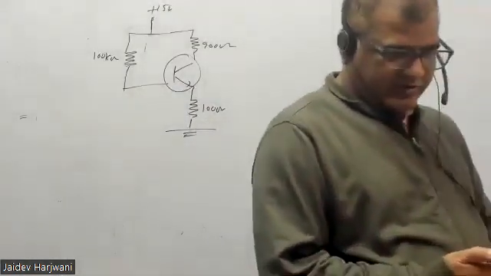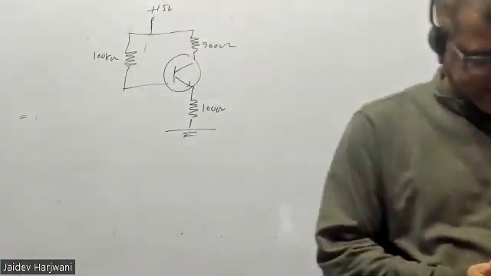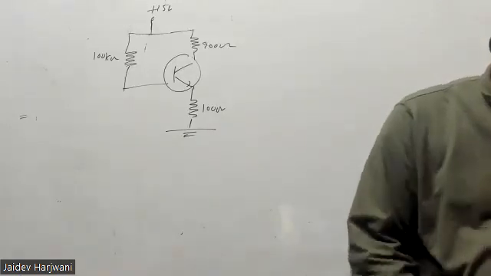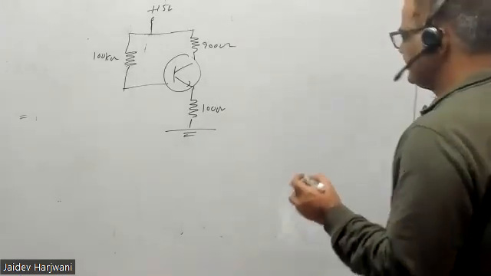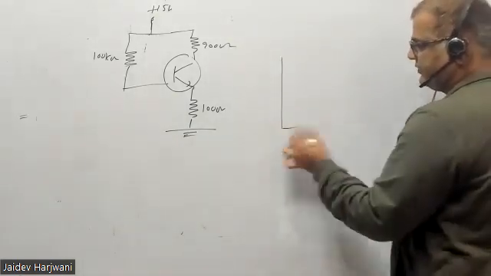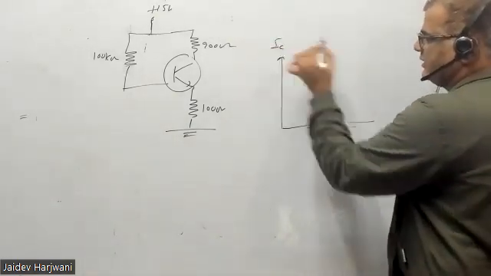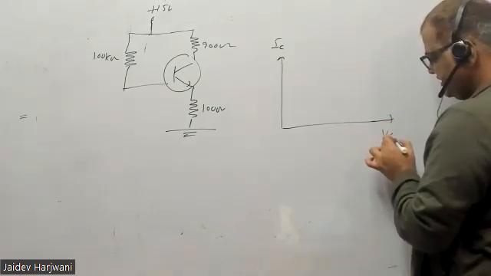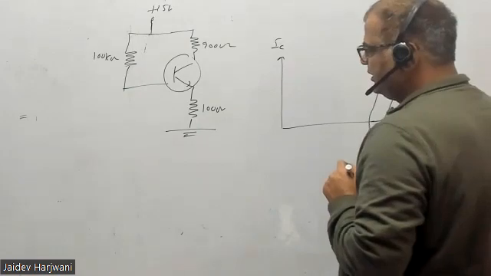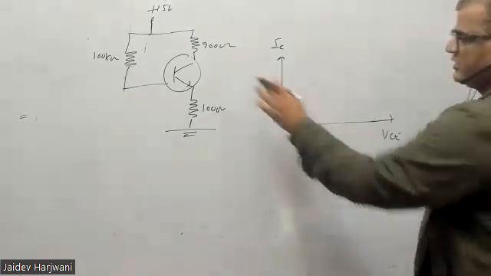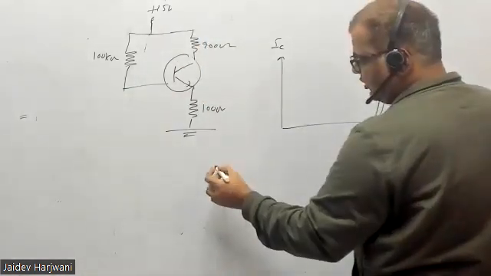आउटपुट कैरेक्टरिस्टिक्स है, ओके। तो आपको पहले तो आउटपुट कैरेक्टरिस्टिक्स ड्रॉ करना, और लोड लाइन के जो एंड पॉइंट्स हैं वो ड्रॉ करके आने चाहिए, ओके। सो बेसिकली द ग्राफ इज बिटवीन IC and VCE, okay। now the equation, you know what is the output equation.